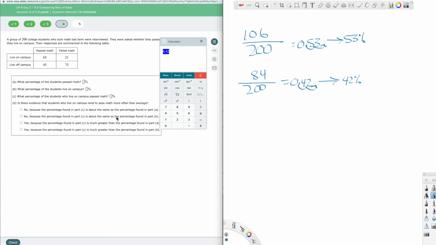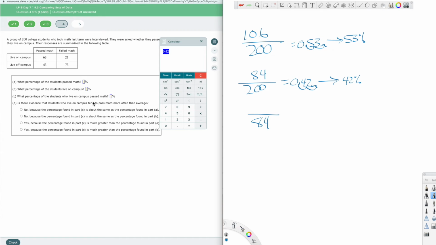All right. What percent of students who lived on campus passed math? Now we're getting a little bit more picky. I don't want to know all of the students. I want to know the students who lived on campus. So this 84 students here, we just added those 84 up. Now I'm limiting it. I'm not talking about all 200.